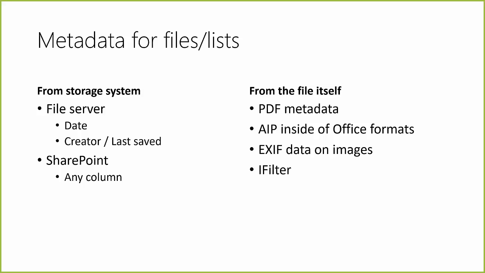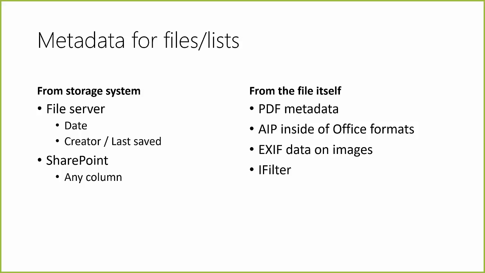But it can also be metadata coming from inside the file itself. For example, PDFs might have some more metadata, and those can also turn into crawl properties based on the parser of the file. If you have enabled Azure Information Protection, for example, that adds metadata inside the Office file formats, which will turn into crawl properties in the search index.